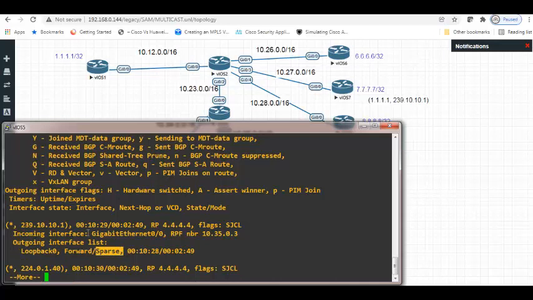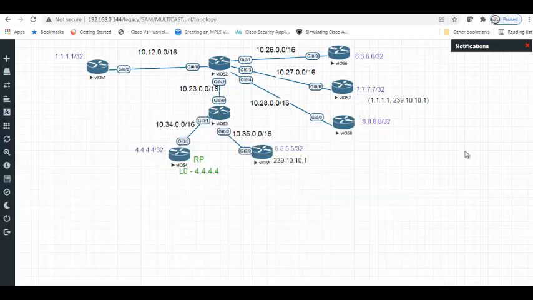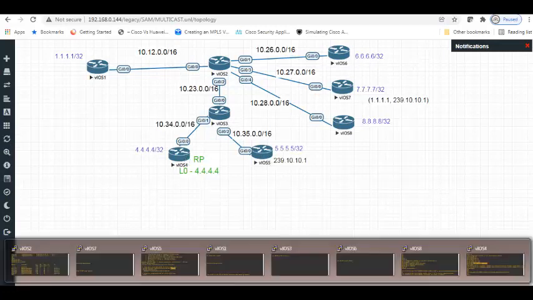It knows the incoming interface is G00. How? Because RP is via that direction. To go to this RP, it is going to router 3, and router 3 will take it to RP.